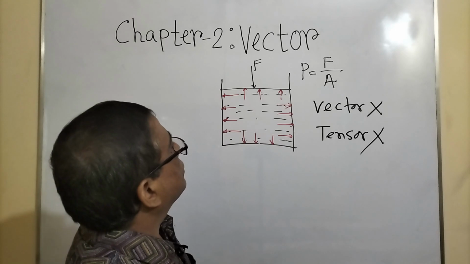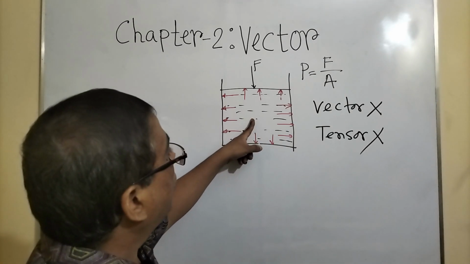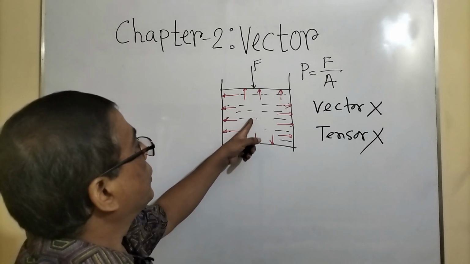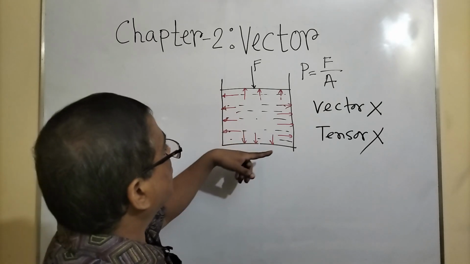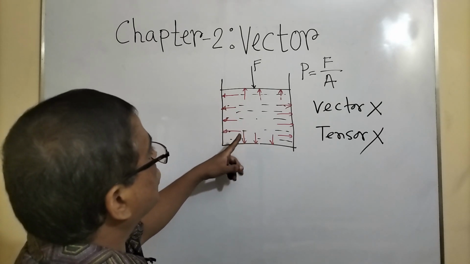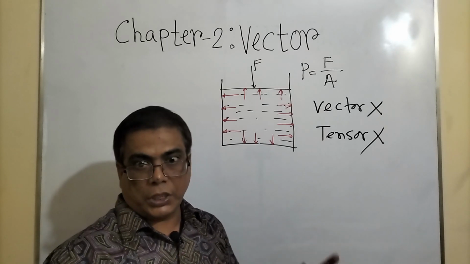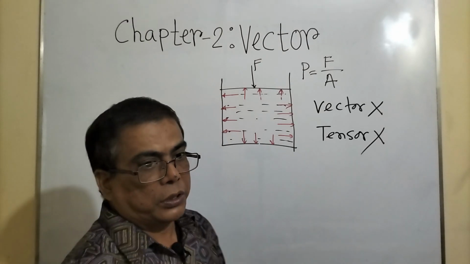Now the pressure has one magnitude and the number of directions is different. That is, the pressure is acting in all directions, in 360 degrees.